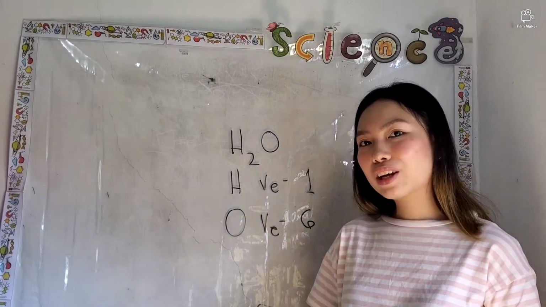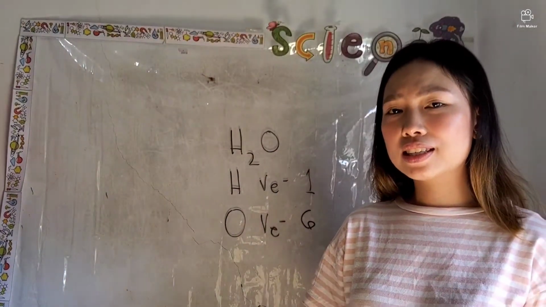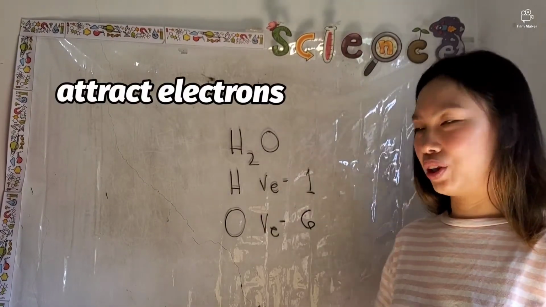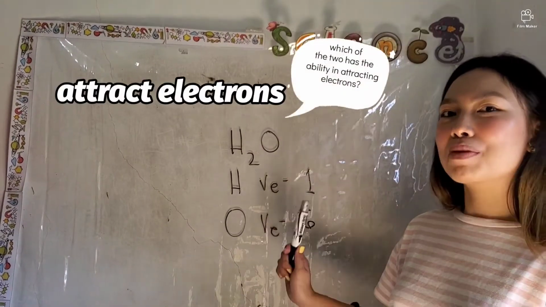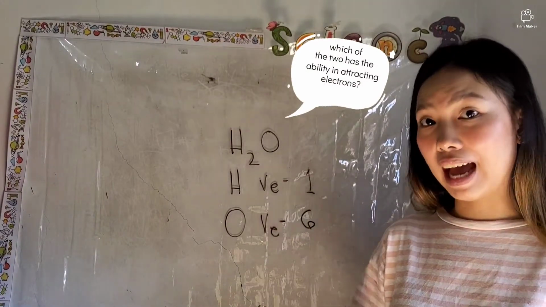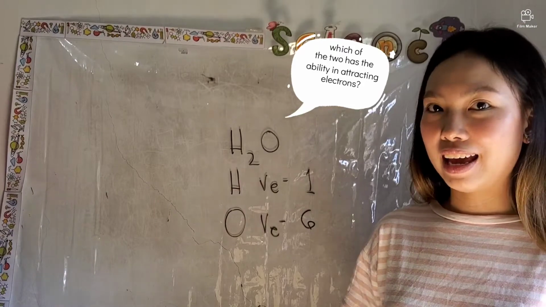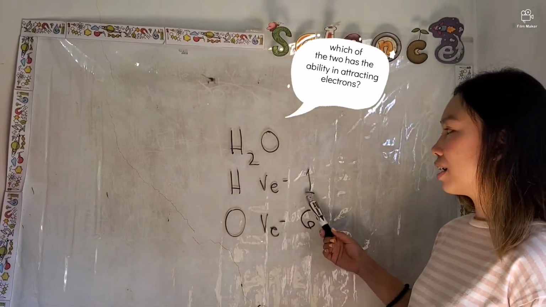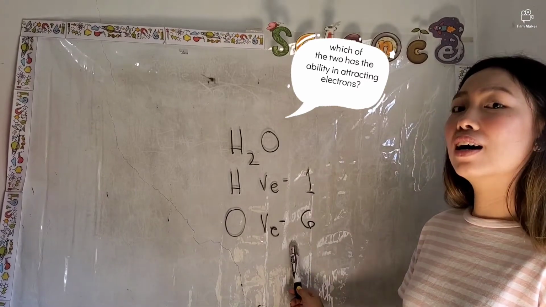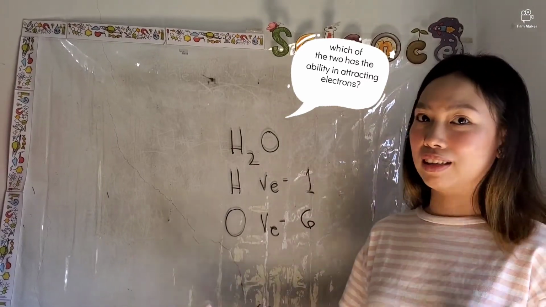Now, when we say electronegativity, it is the ability of an atom to attract electrons. Alin ba dito sa dalawang may mas mataas ang tendency para mag-attract o humila ng electrons? Yun bang isa na kulang pa ng 7? O yun bang 6 na kulang na lang ng 2?